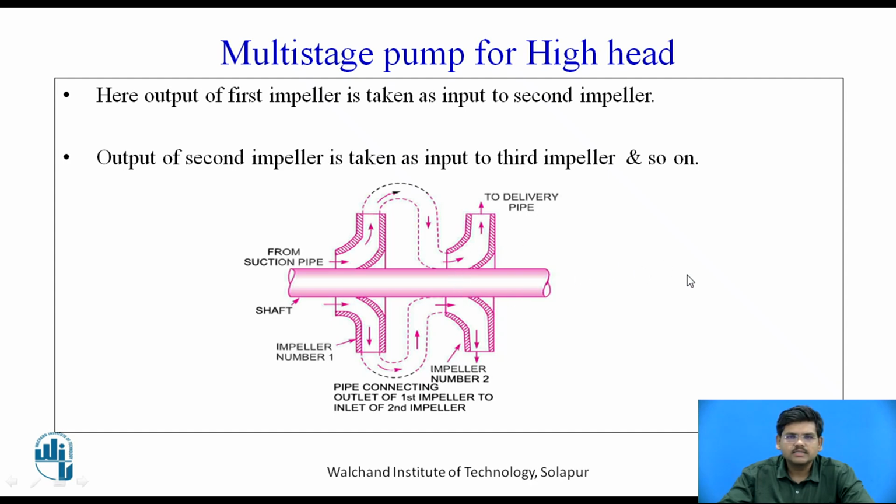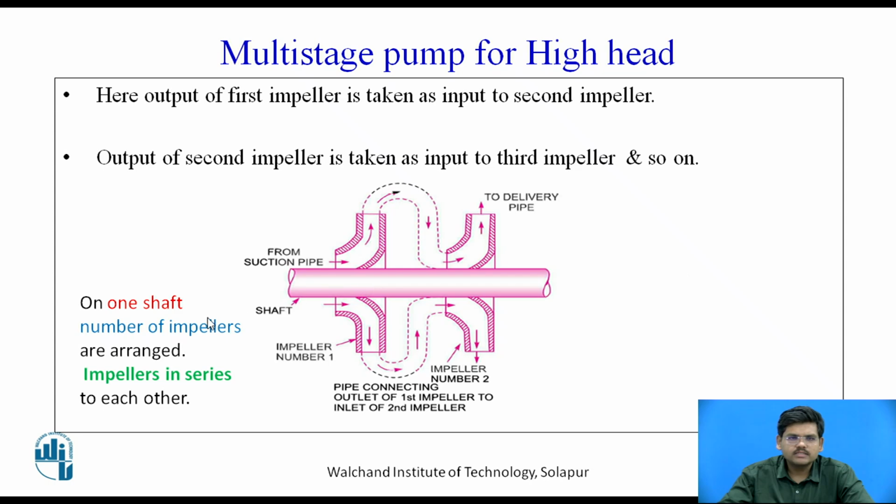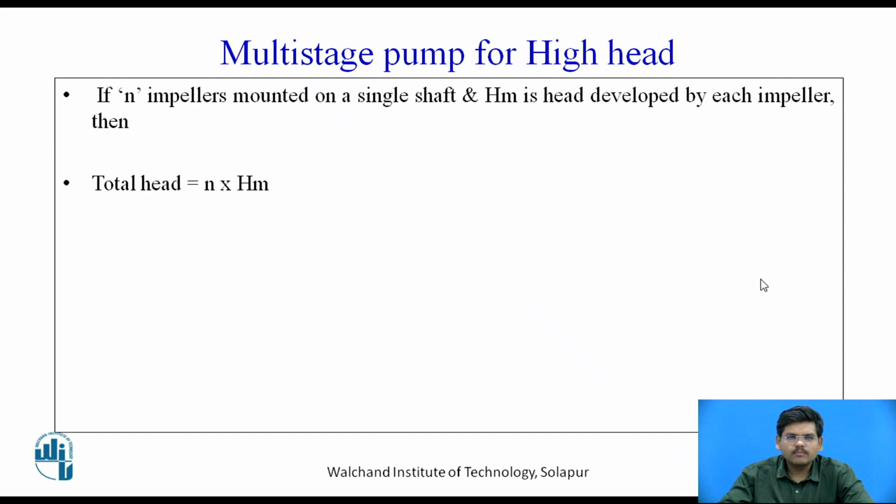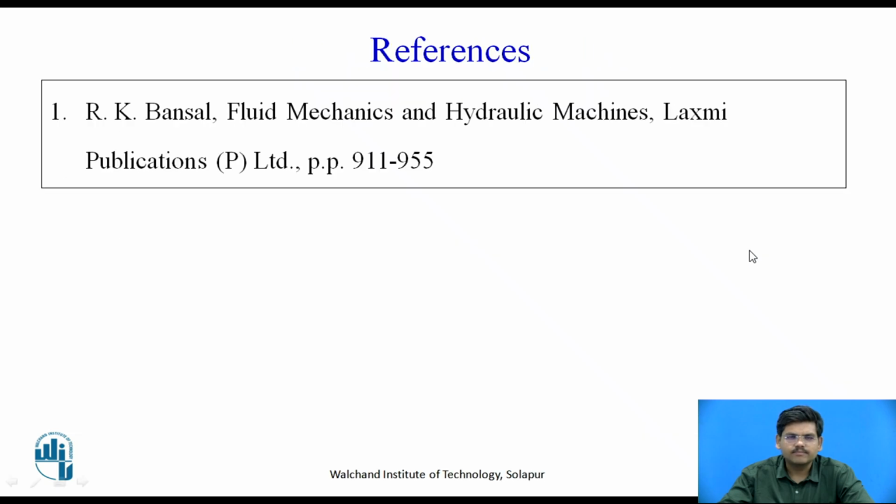So this was multi-staging of pumps. So on one shaft, a number of impellers are arranged, in series to each other. Then if n number of impellers are mounted on a single shaft and HM is the head developed, that is the manometric head by each impeller, then total head is equal to n into HM. But discharge through each impeller is the same.